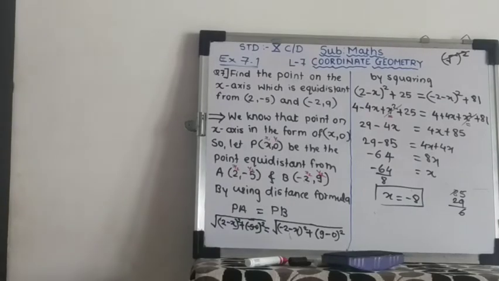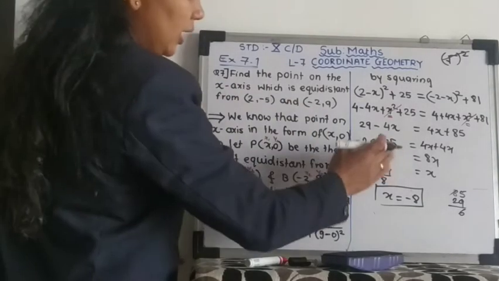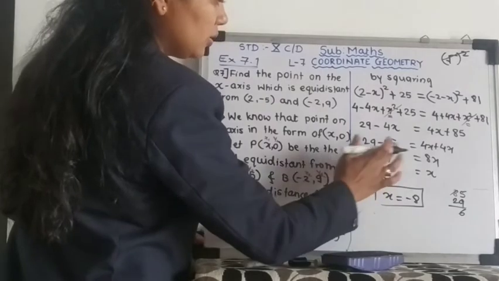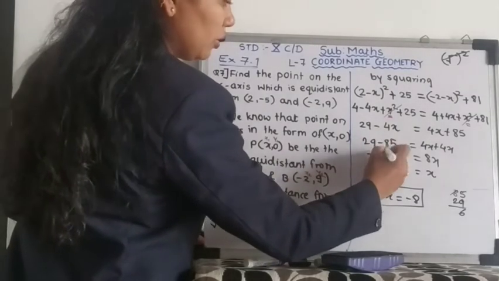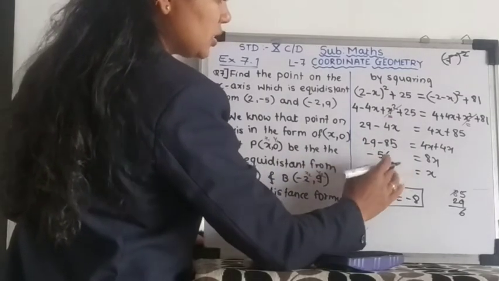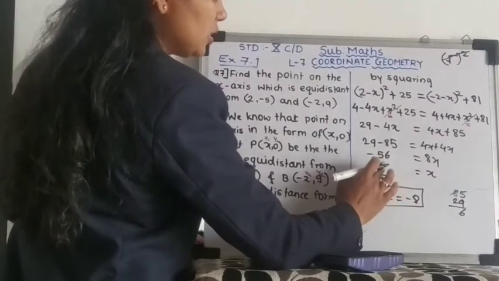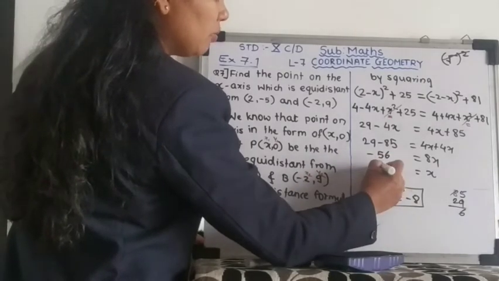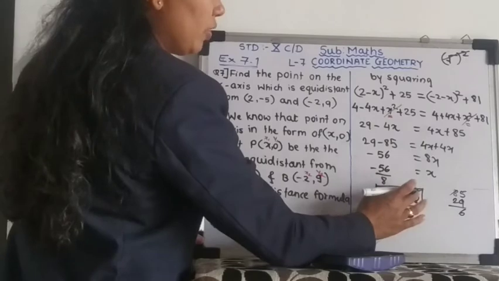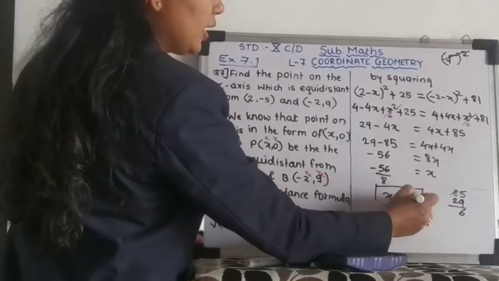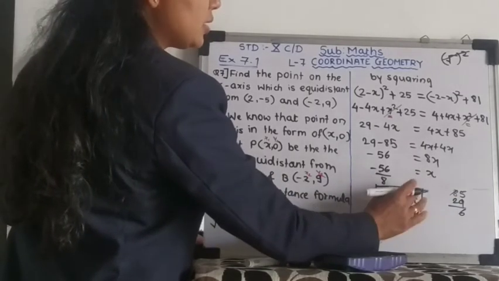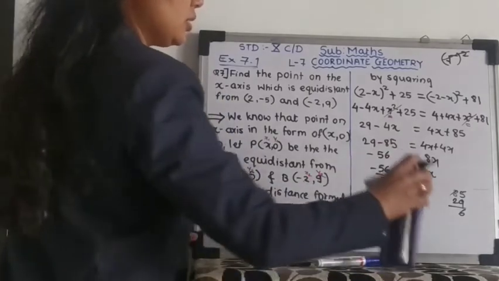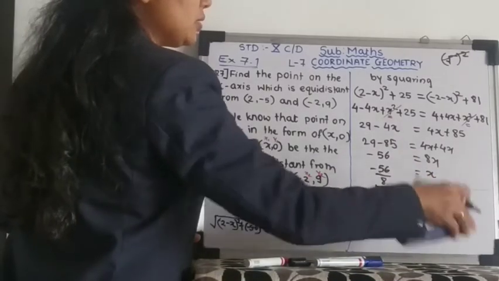Here we have made a slight mistake. The subtraction here should be 56, so we have got minus 56. When we divide it, we will get minus 7. So our answer is x equals minus 7.